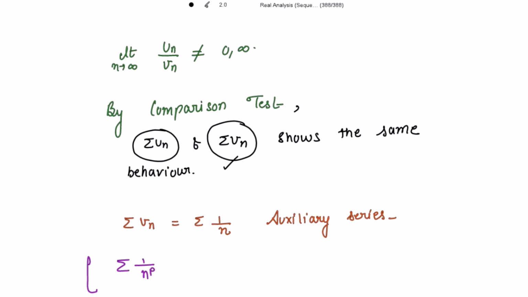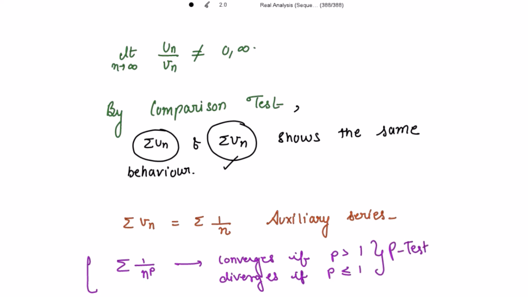This is the format for the auxiliary series. This series converges if p is strictly greater than 1, and the series diverges if p is less than or equal to 1. This test is also named the p-test. So by p-test we can check this series now.